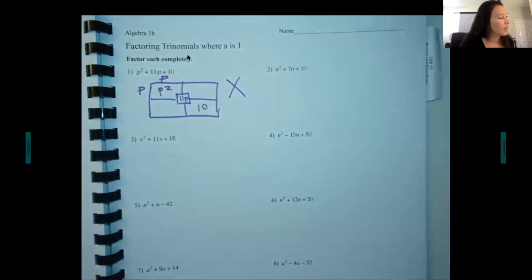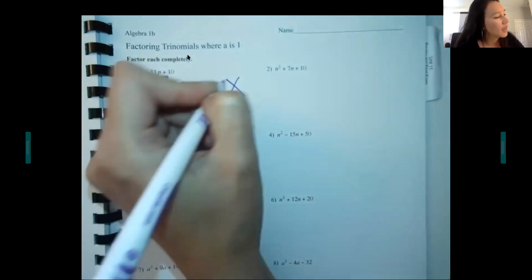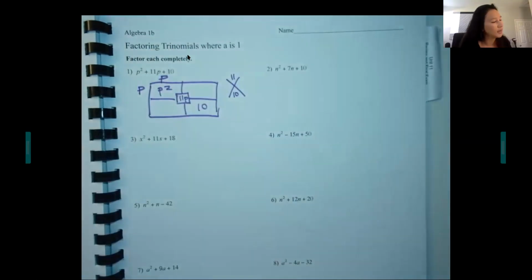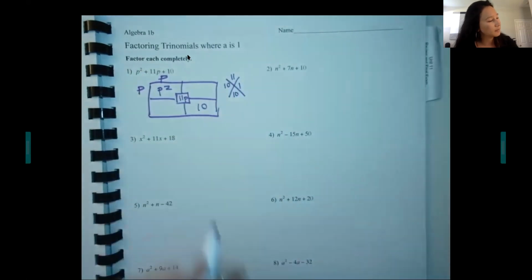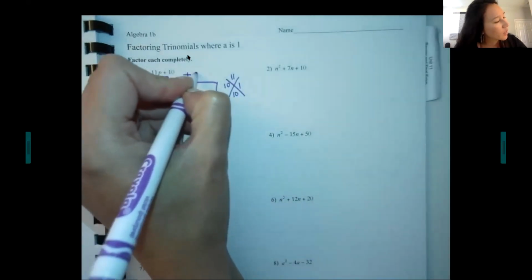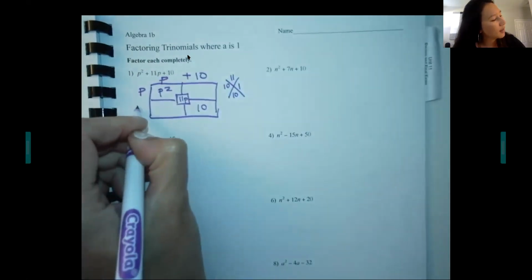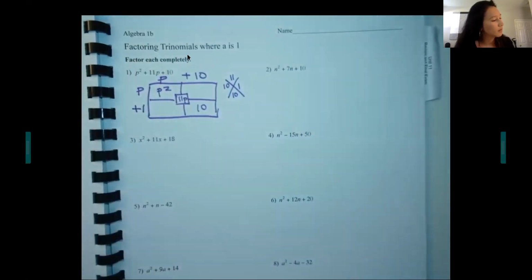So you can use your little x. It looks like that would be 10 and 1, because 10 times 1 is 10, 10 plus 1 is 11. So we would put p plus 10 and then p plus 1.